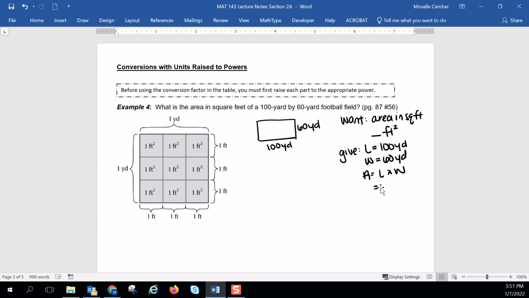So if we first find the area in square yards, then we can convert it into square feet. So 100 times 60 is 6,000 square yards, and that is the area of this football field.